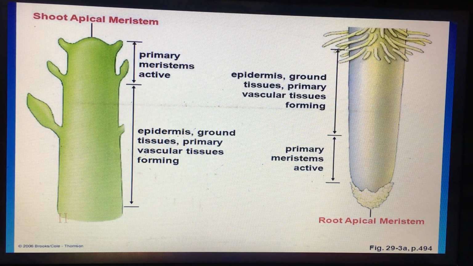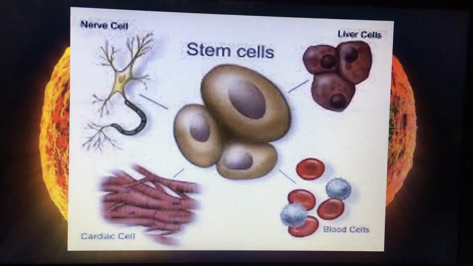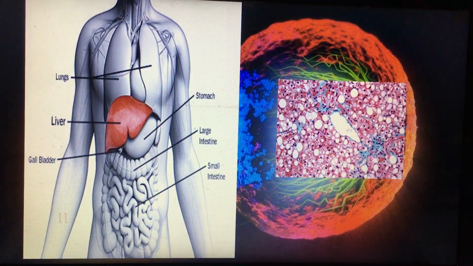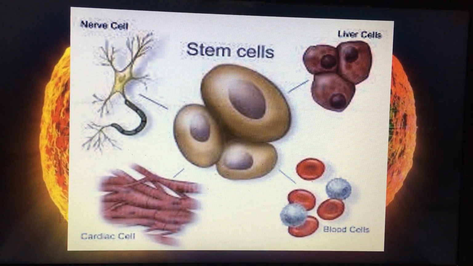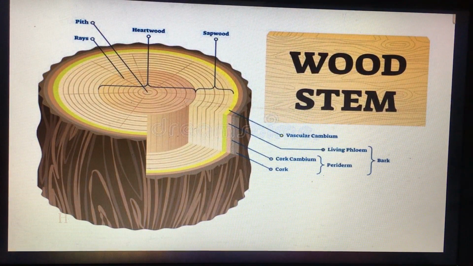So again, we have mitosis in plants and animals. In animals, as we said, heart produces heart cells, liver produces liver cells. And also we have stem cells. When they divide, they will produce specialized cells. In a plant, we have cambium in a stem.